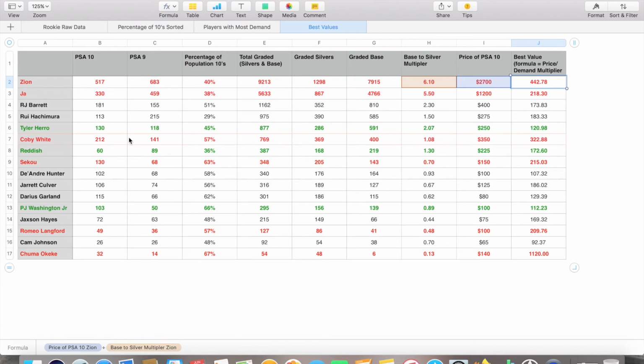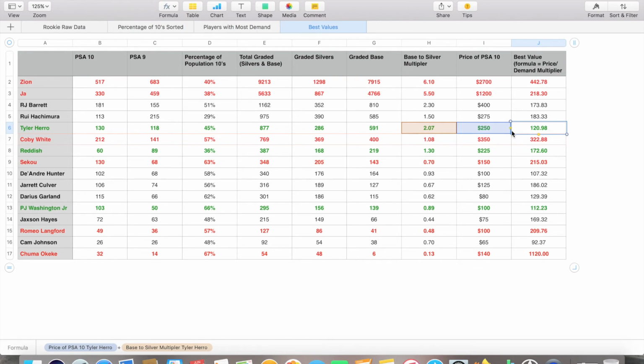We see Tyler Herro here, with his $250 PSA 10 divided by his 2.07 demand multiplier. That gives us a value of 120.98, which, if you compare that value to some other players, he's being valued about the same as PJ Washington Jr., DeAndre Hunter, right around there, and Darius Garland.